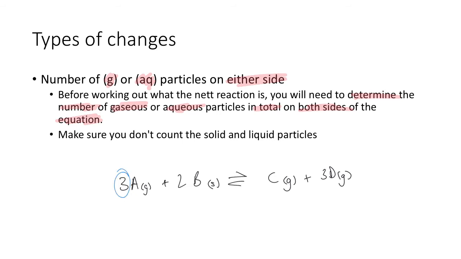So you've got 3 here and 2 here. However, remember, there's a trick. Make sure you don't count the solid or the liquid particles, and that's a solid, so I'm not going to count it. So now I only have 3 on this side, and I have 1 effectively and 3 here, so that means I have 4 on that side. So you need to know how many gaseous or aqueous particles there are in total on either side of a balanced equation.